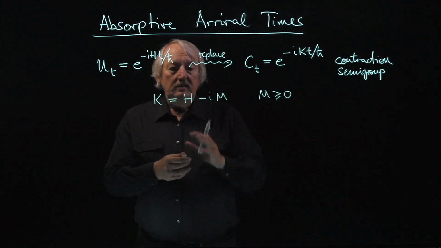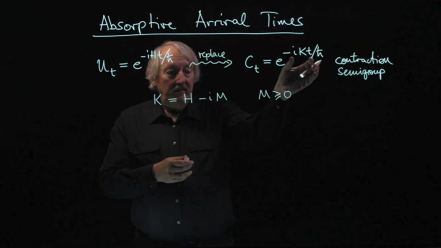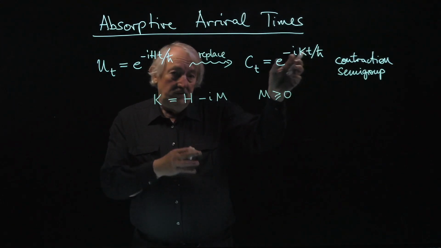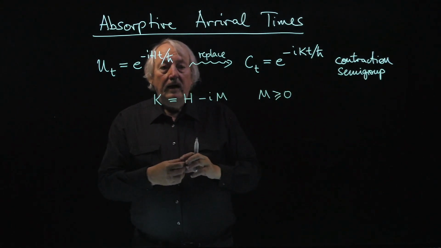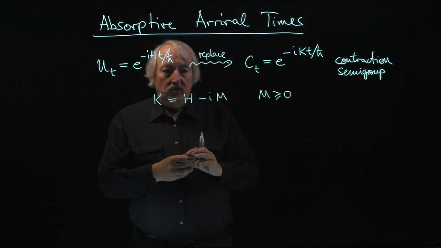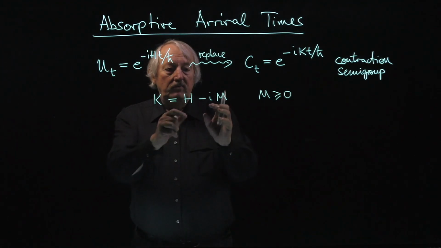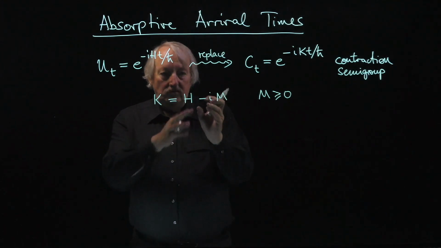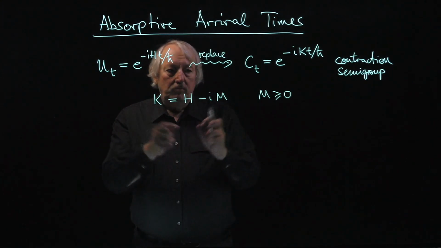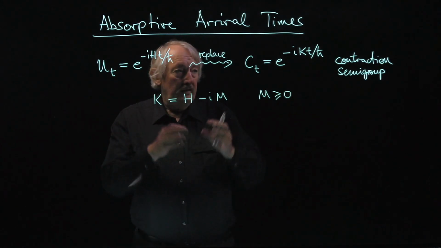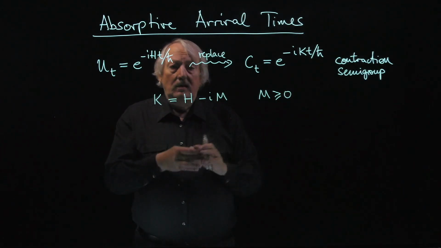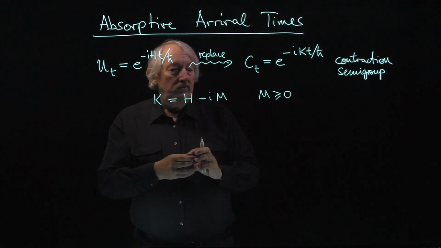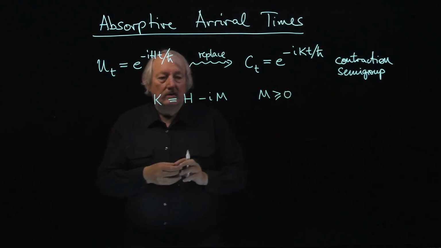How do you actually see that the norm is less than 1? Because of course you would have this in the exponential, and you cannot just pull the exponentials apart. But actually you can in the Trotter product formula. If you have two contraction generators and you add them up, then the Trotter product formula, which works in small time slices, shows you that this should be a contraction semigroup.